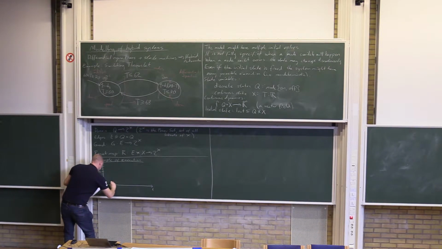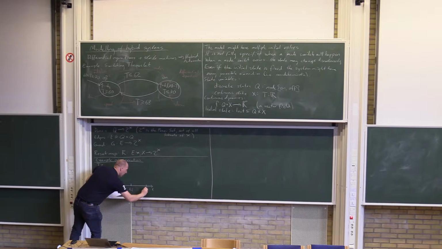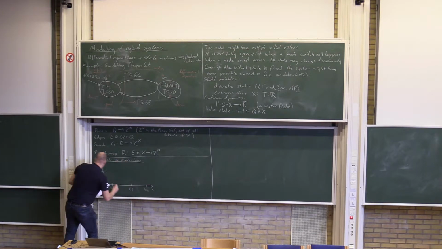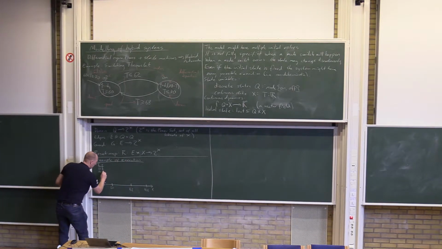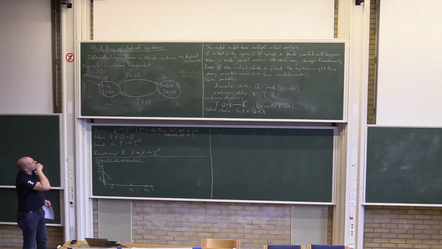So let's say we have 2.5 here. We have 6.2, so it might be something like that. And then if we look at what will then happen.